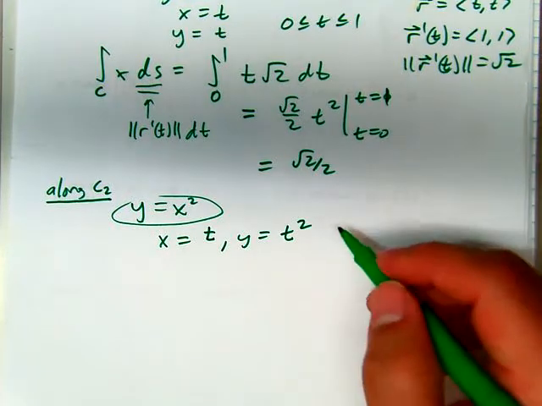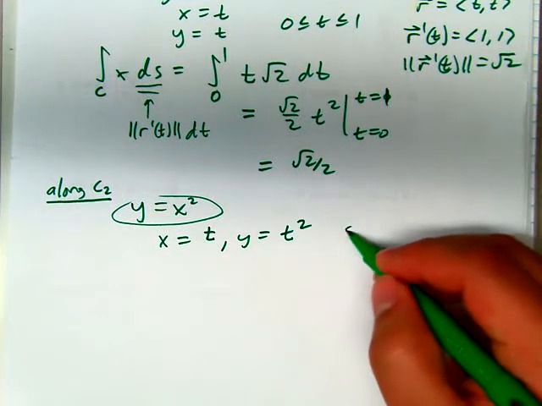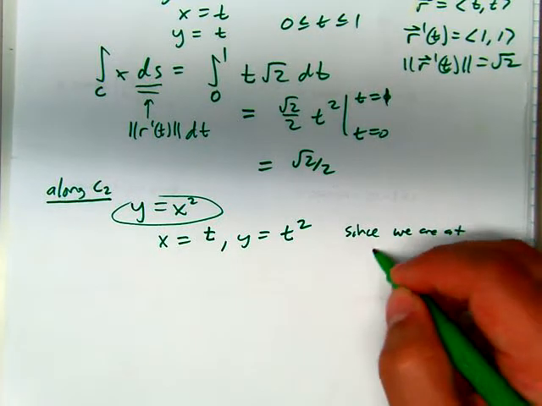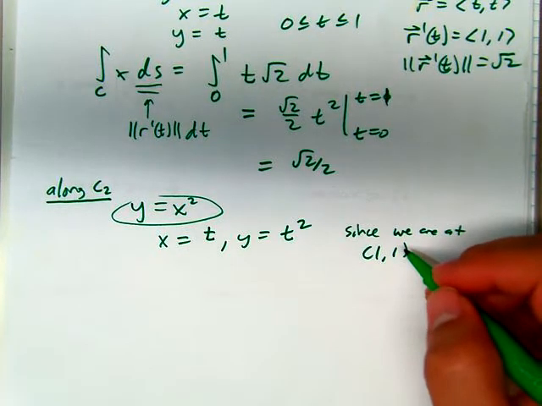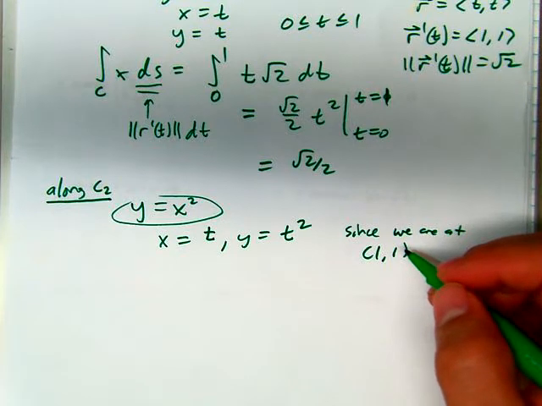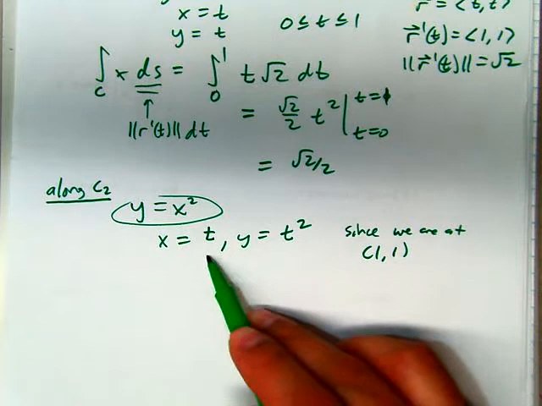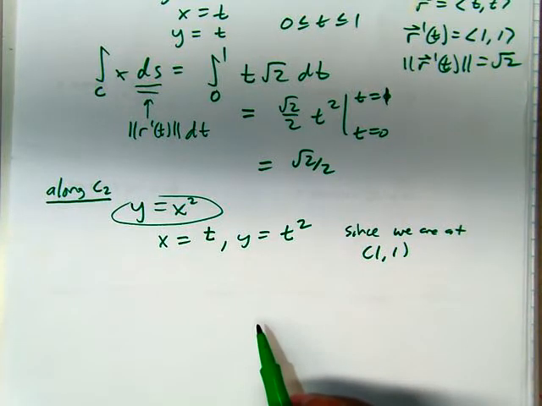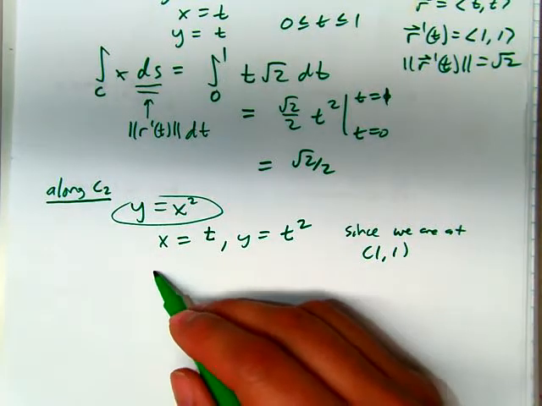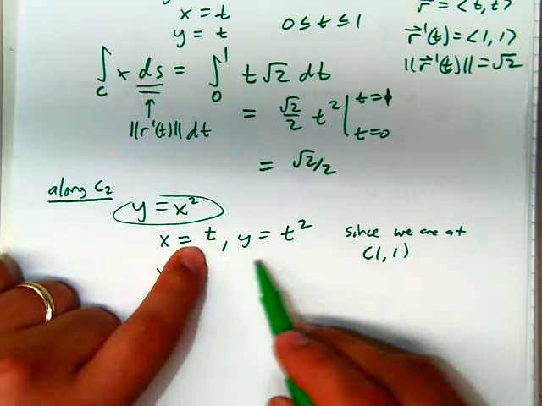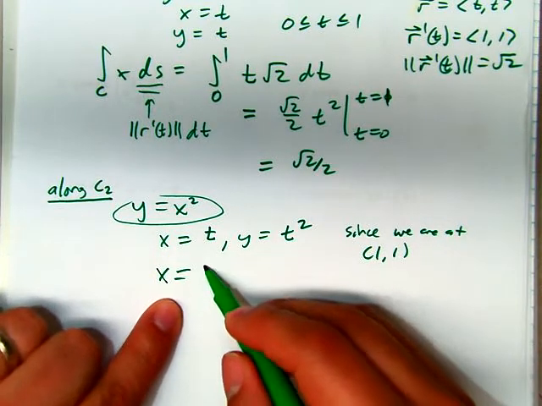Okay, but since we're starting at the point 1, 1, what we could do is shift this over a little bit. So we're going to say, instead of starting at 0, 0, because that's what this means, let's put 1, 1.